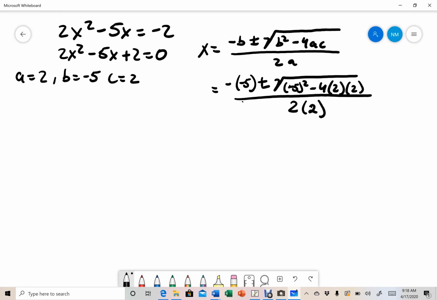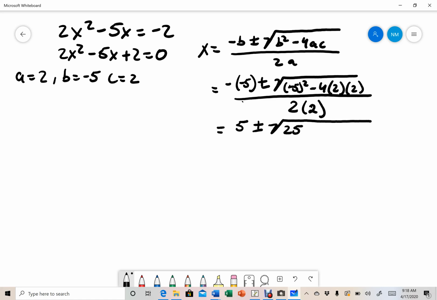Let's take this one term at a time. My negative 5 becomes a positive 5, because I have this negative and this negative, they become a positive. So I have 5 plus or minus the square root. Negative 5 squared is 25, so this becomes 25.